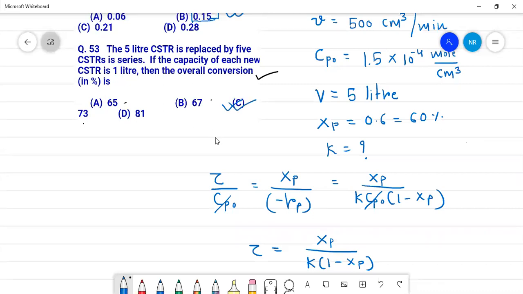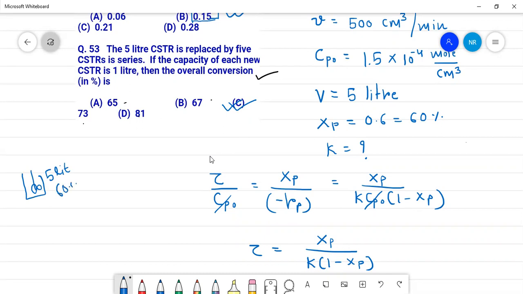Then, it means one CSTR having 5 liter capacity, and its conversion is 60%.